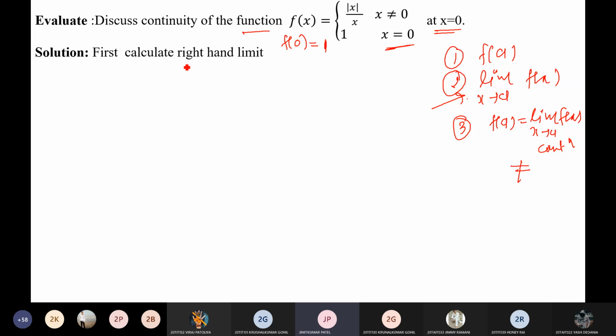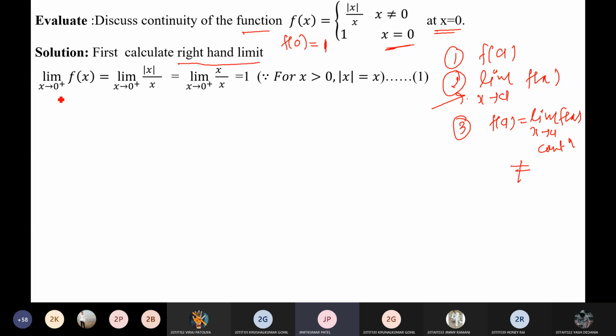For that, I calculate first the right hand limit. So my formula is limit x tends to 0 plus f of x, is equal to limit x tends to 0 plus. Now which interval does 0 plus come in? It comes into x not equal to 0. So limit x tends to 0 plus mod x upon x is there in place of f of x.